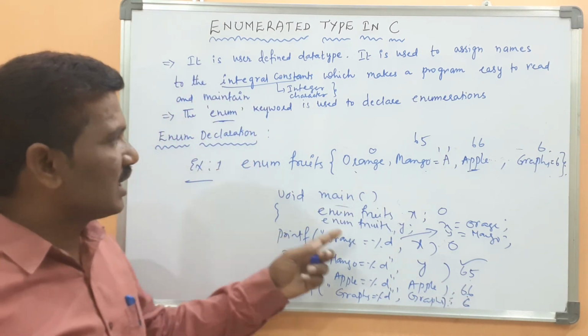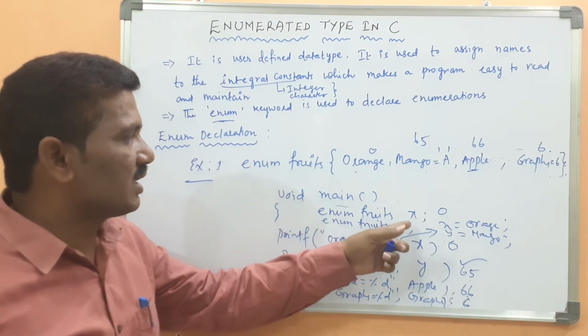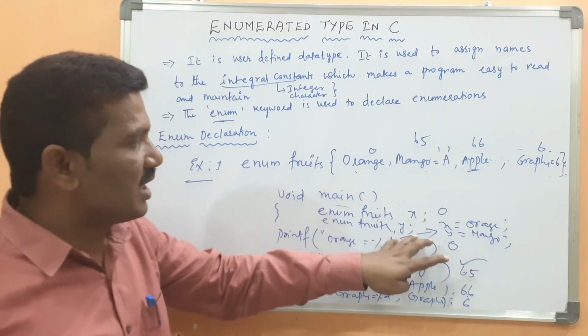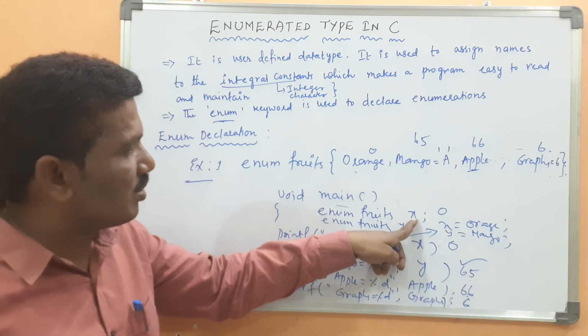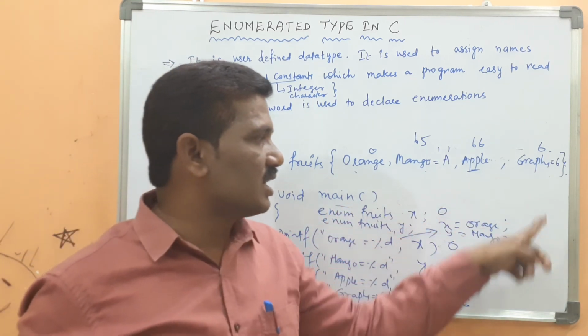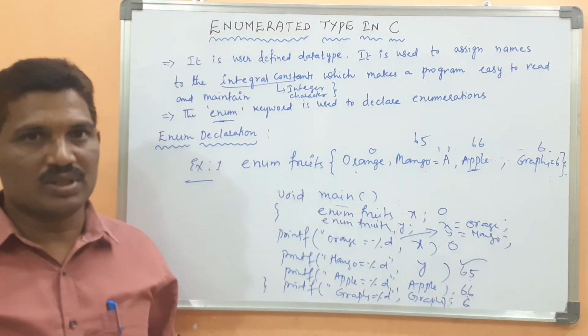You can declare a variable of the enumerated type also. If you want to store the enumeration constants in a variable, it is possible. Whatever variables x or y of the enum type, we can store these enumeration constants in the x and y variables.